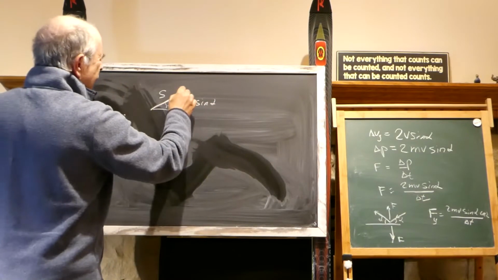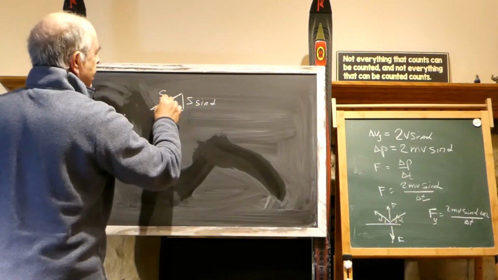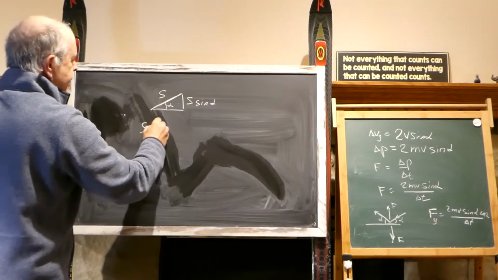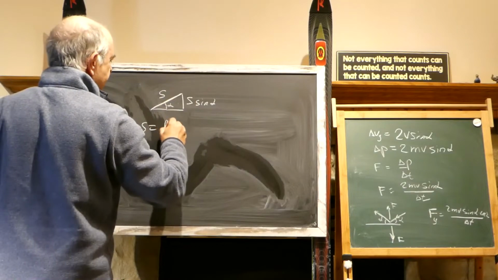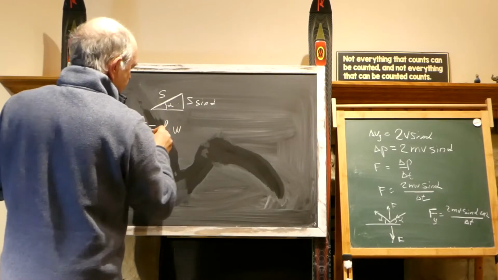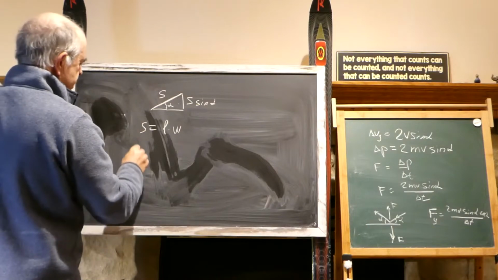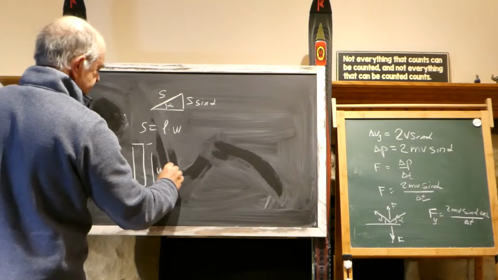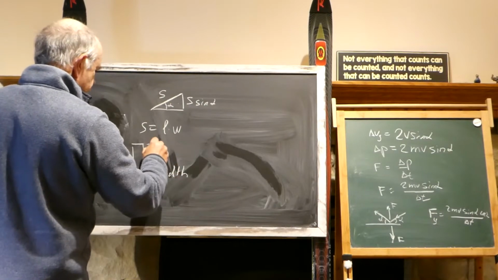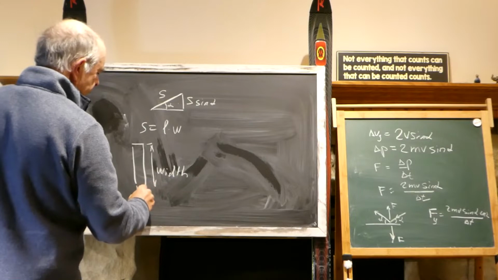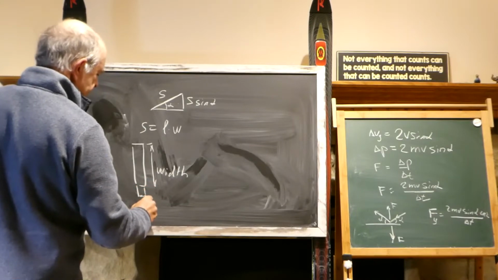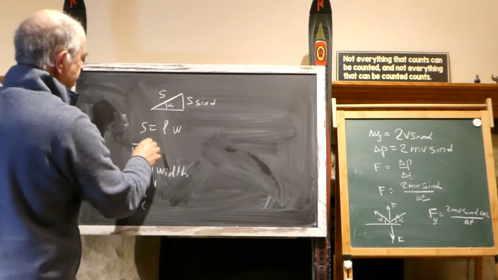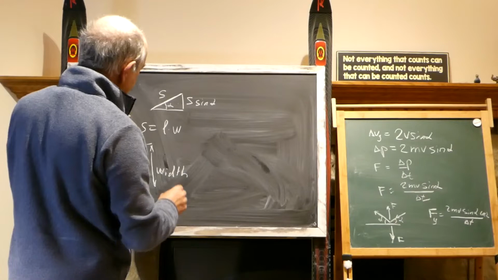Of course, from the triangle I have to have this multiplied by this, but also there is this width, because S equals this length multiplied by width, L multiplied by W. If I look from the top, this would be the width of the wing, and L is the length as I see it from the side. But if I'm looking from here, I don't see the width. But S equals L multiplied by W.